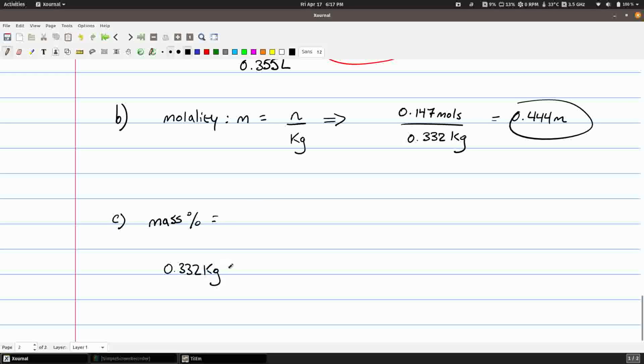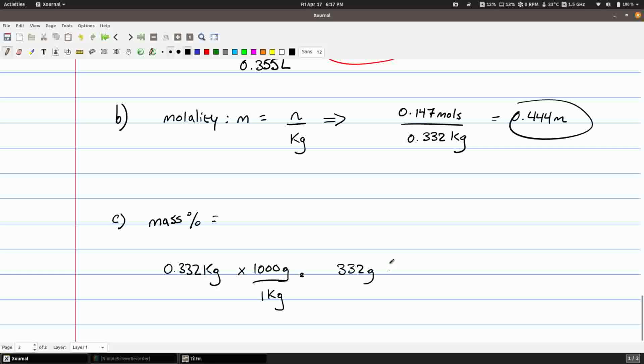It's got to be in the same category. So you have kilograms of solvent, and you have grams of solute. You could convert either one, it'll give you the same answer. But I'm going to just do it in grams, so over 1 kilogram. And this will be 332 grams.